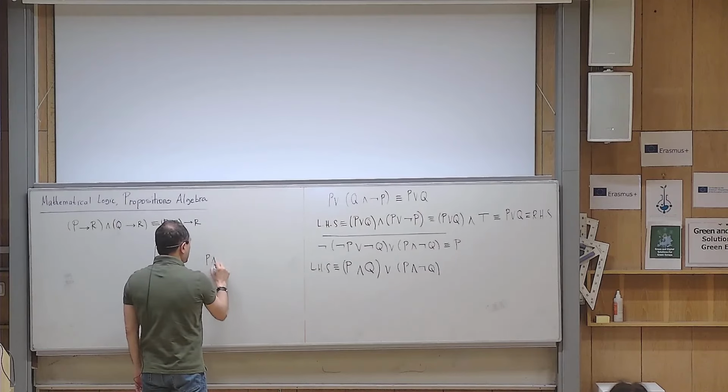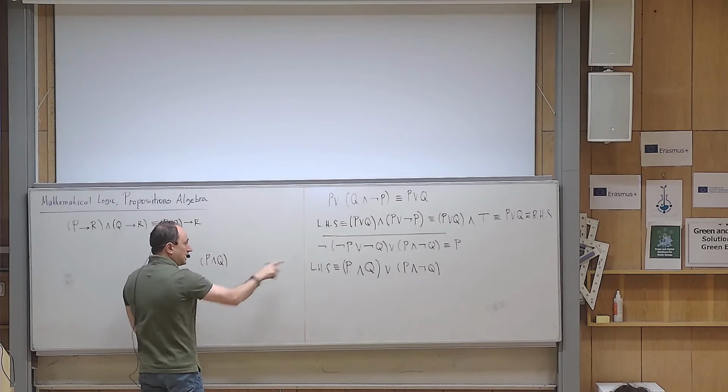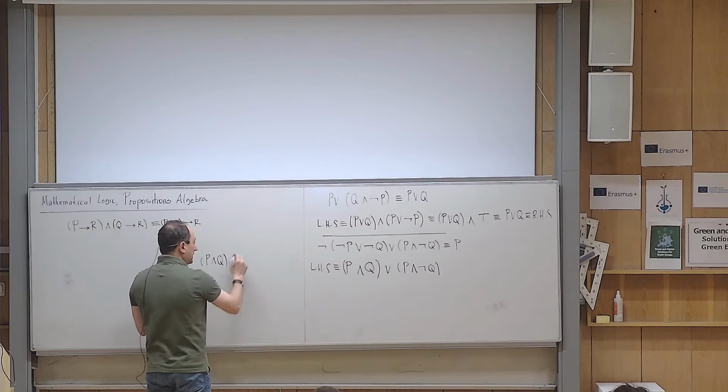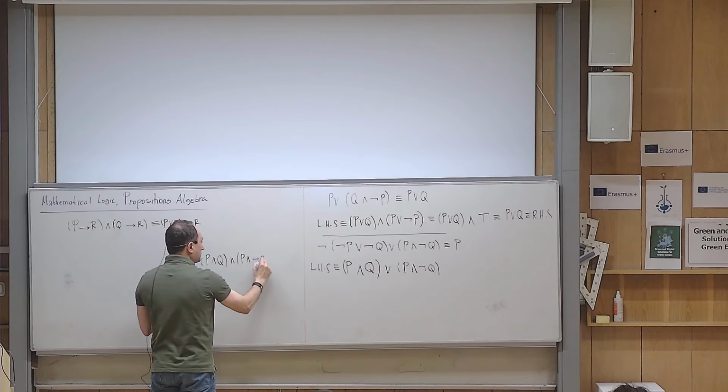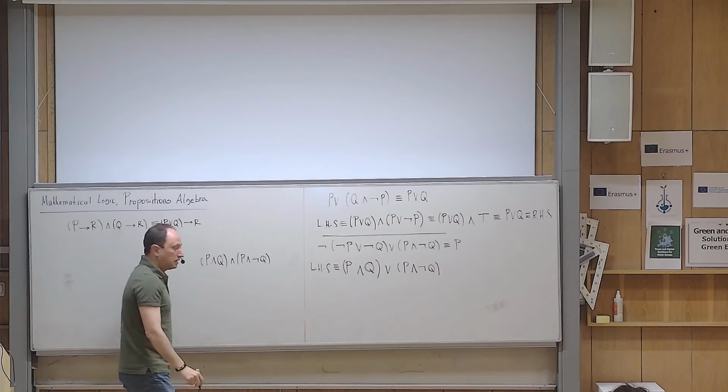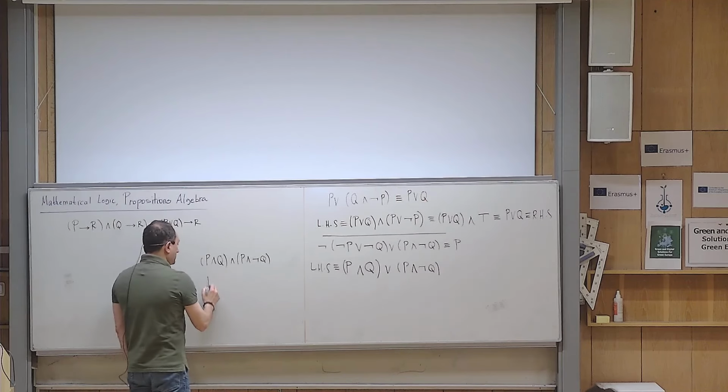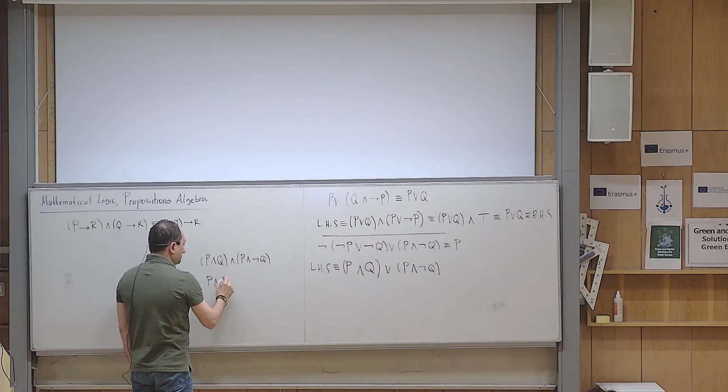Can I say this is also factorization? So let us say that I have P and Q. Again, I have and I have P and not Q. Okay. And so for example, someone writes it like this.